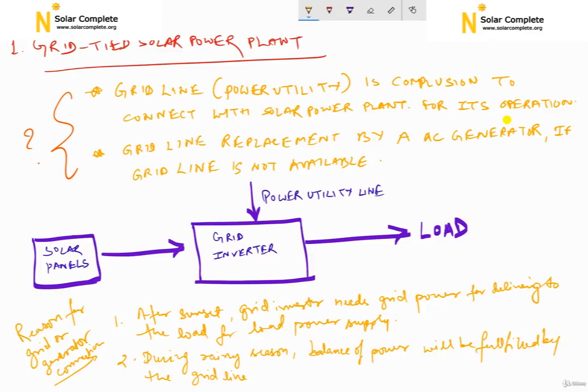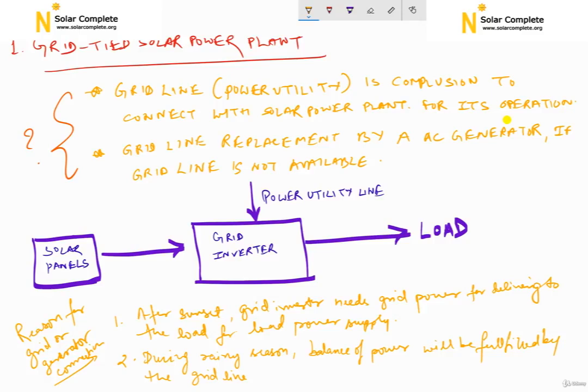So the voltage, frequency, and phase should be matched on the solar panel side, the power utility side, and the load side. Once this happens, the synchronization process takes place, due to which the inverter can sense these three factors, voltage, frequency, and phase, from the load side, and then it starts at the sunrise.